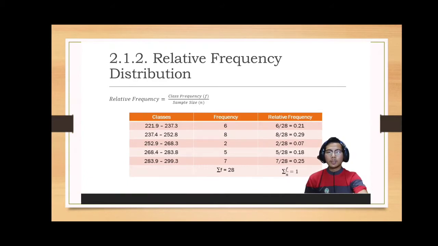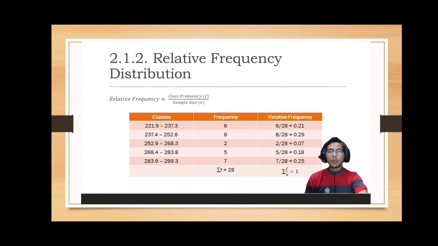The relative frequency column shows that the first class is 6 divided by 28, where 6 is the frequency and 28 the sample size. So it will be 0.21, the second class will be 0.29, the third class will be 0.07, the fourth class will be 0.18, and the fifth class will be 0.25.